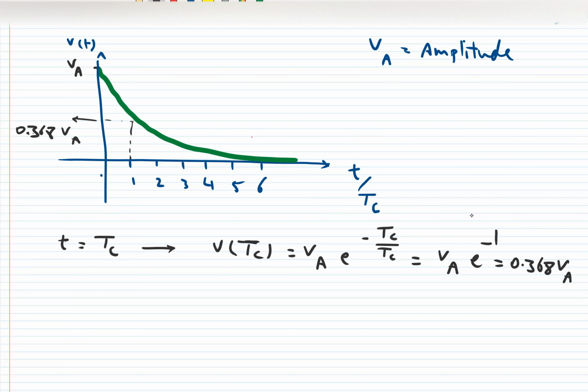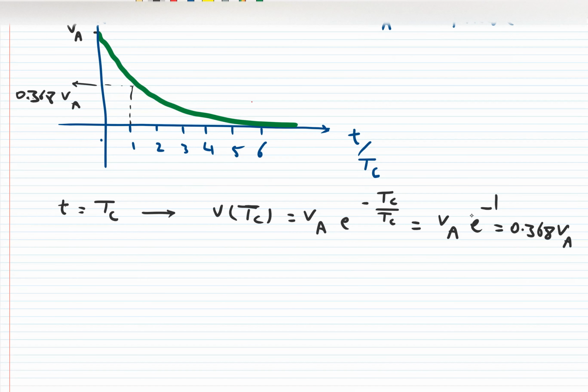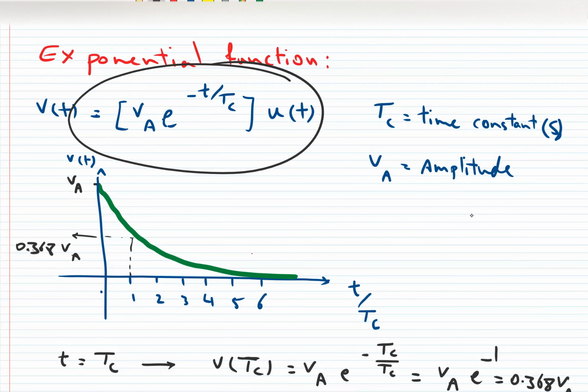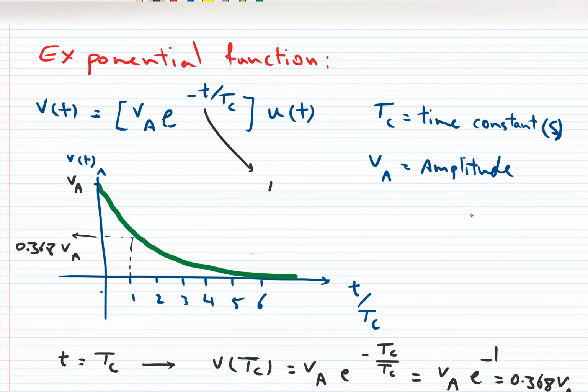What about other points? At 5 time constants, in fact, t is equal to 5 Tc. The value of the waveform is very, very small. In theory, exponential signal decays forever, so it never reaches zero. At which t is the value of this function equal to zero? Of course, at t equal to infinity.